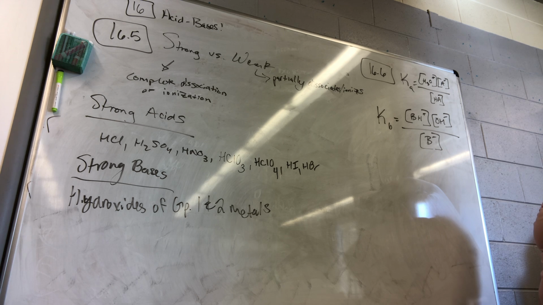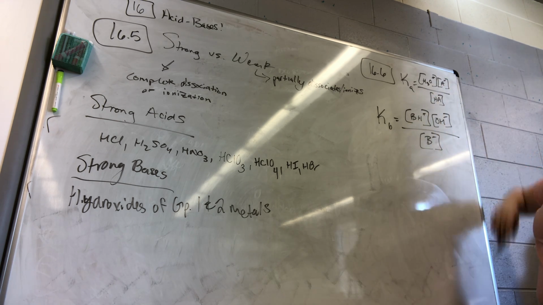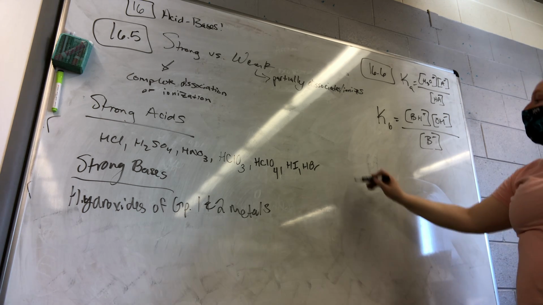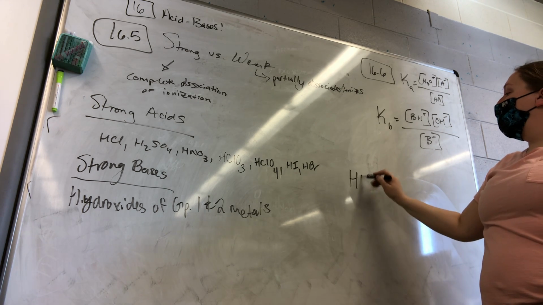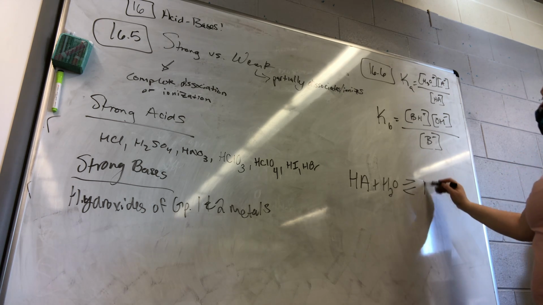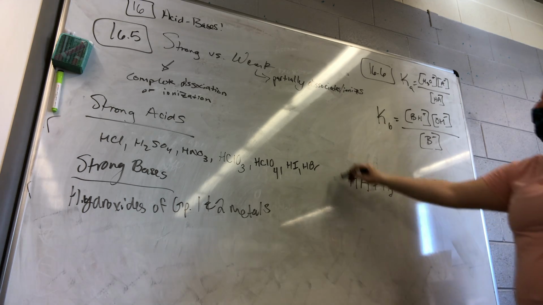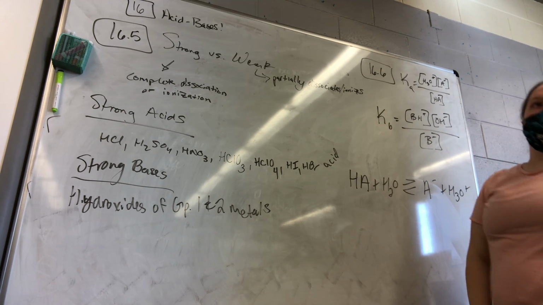H3O plus. This one? No, what's right next to it? This one? A minus. What does HA stand for? Acid. So these are the general equations. So this is like a general dissociation of an acid.